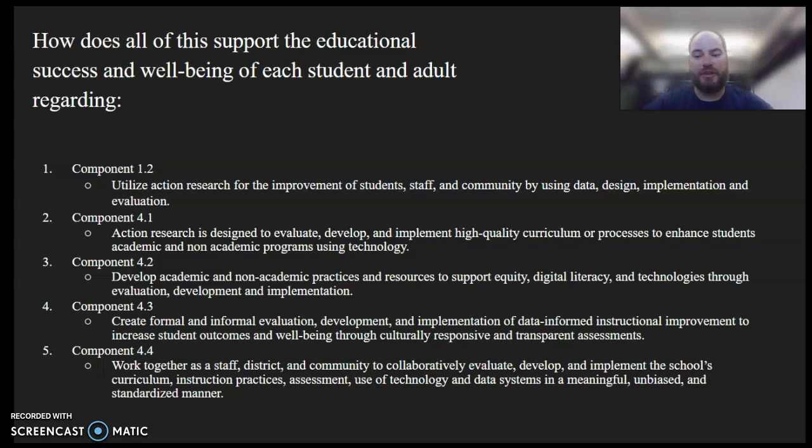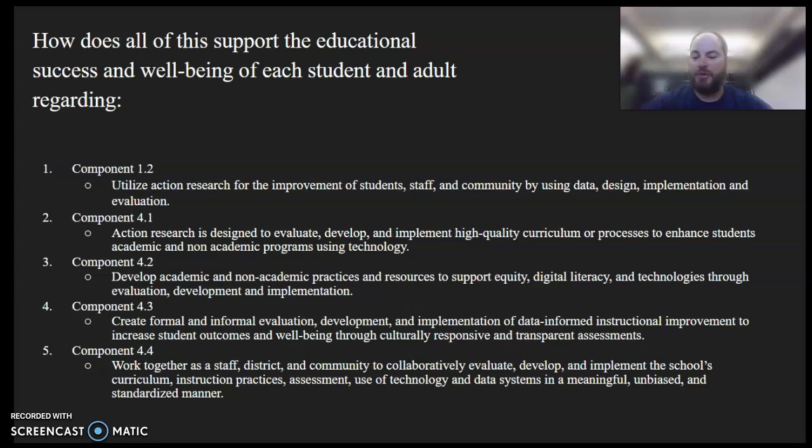Component 4.2, develop academic and non-academic practices and resources to develop equity, digital literacy, and technologies through evaluation, development, and implementation. Component 4.3 is to create formal and informal evaluation, development, and implementation of data-informed instruction to improvement to increase student outcomes and well-being through the culturally responsive and transparent assessments.